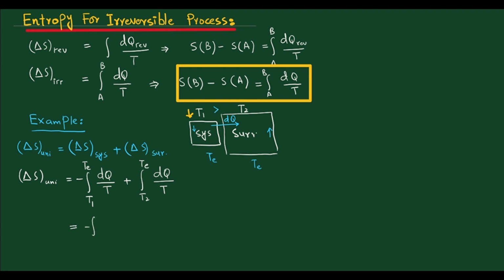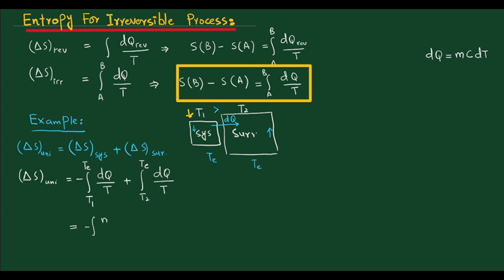The dq can be written as, if we apply heat to a body, equal to m c dT. C is the specific heat, m is the mass of the body, and dT is the temperature change. Let's consider both have the same specific heat, both being identical objects. That's why the specific heat of both objects will be the same.